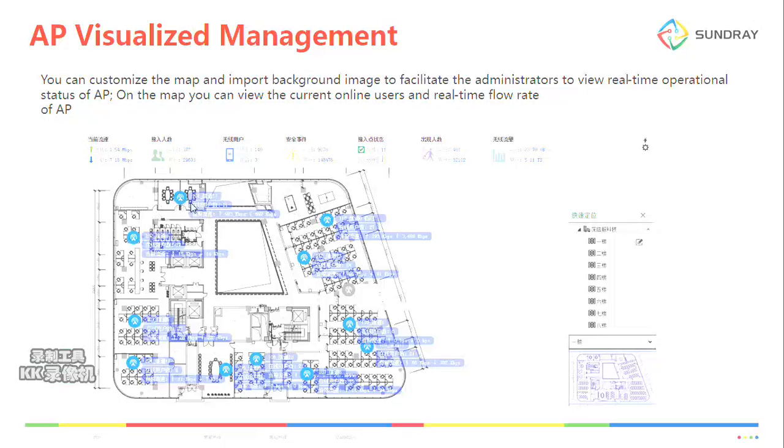We can show the running status, like which channel the access point is working on, how many clients are online, and what the throughput of the access point is. If the access point gets disconnected from the controller, its color will turn from blue to gray, so it is easy to identify which access point has a problem. So this is visualized management.